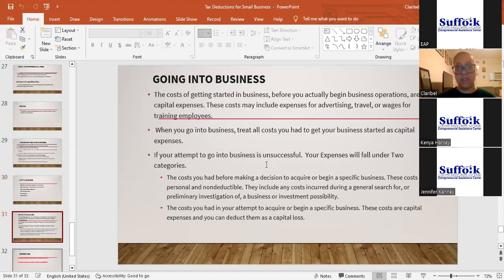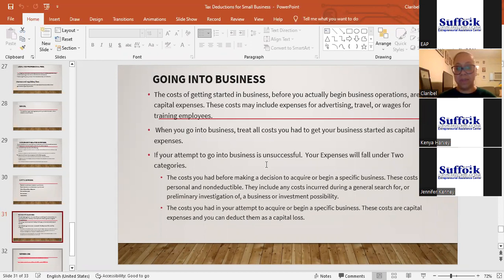If you're going into business, the cost of getting your business started, your startup cost, is deductible. If you're thinking about going into business and you've already started spending money, save your receipts, because once you open your business, all that is deductible as startup costs.